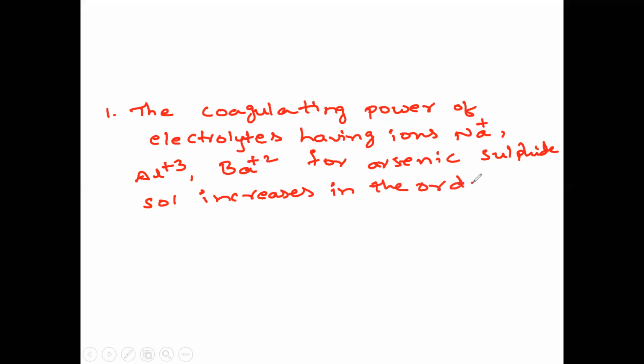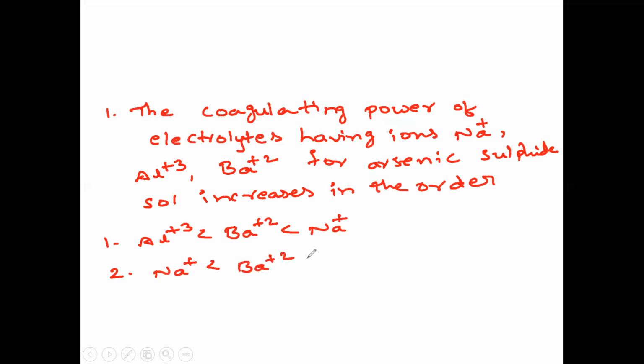This is a straight JEE Mains question of 2013. You can see it in the books also. First option, Al+3 less than Ba+2 less than Na+. Second option, Na+ less than Ba+2 less than Al+3.